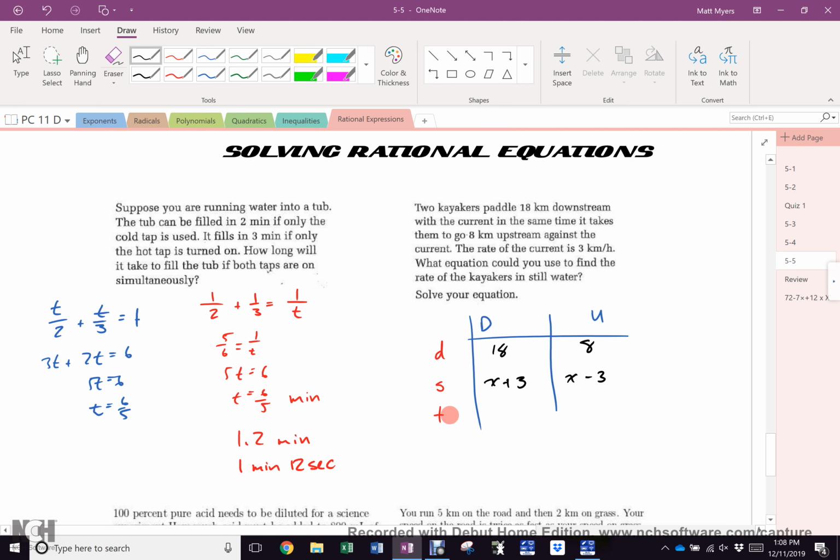Time is always distance divided by speed. 18 over x plus 3. 8 over x minus 3. Add, subtract, multiply, divide. What symbol goes there? No. Read the question. The very first sentence gives you the answer.